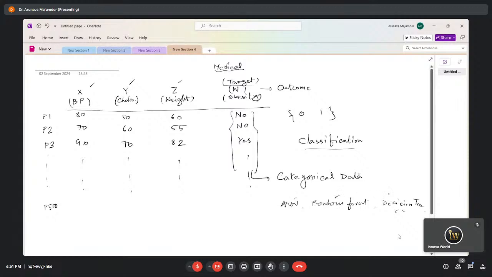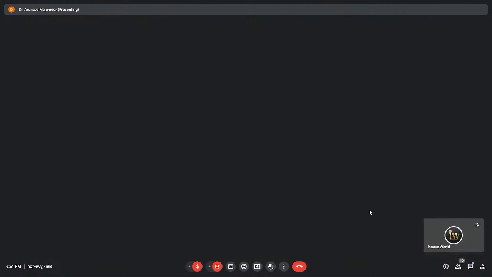Decision tree, random forest, and ANN are also used for regression, but because this is a classification problem, we say random forest classifier and decision tree classifier. Similarly, there is SVM, support vector machine. There are different types of machine learning algorithms present in the market.